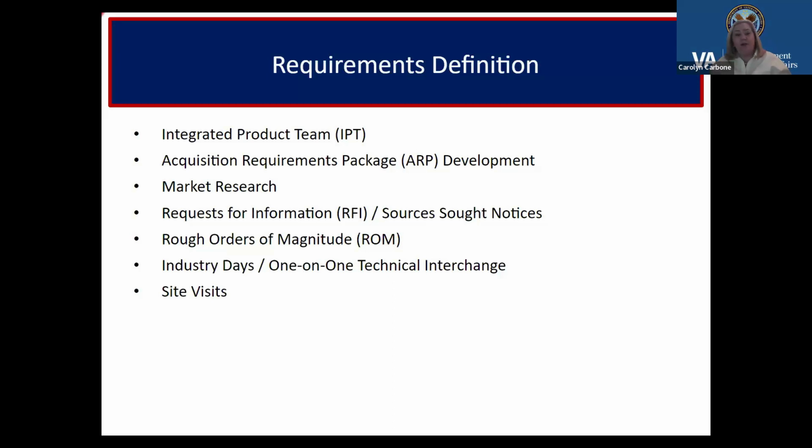You might need an IPT waiver. But if you do have an IPT, you would be a part of it. We have our acquisition requirements package, which we refer to as ARP development. So that's where you put together all the little pieces of the acquisition package as a whole. So you'll develop your independent government cost estimate. You'll provide us with your funding document, your performance work statement. What are we going to buy?